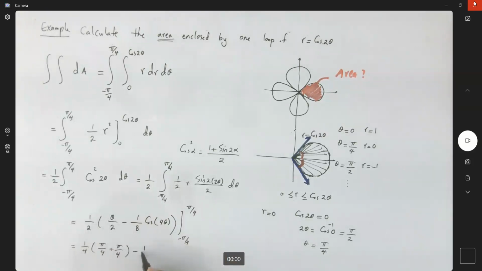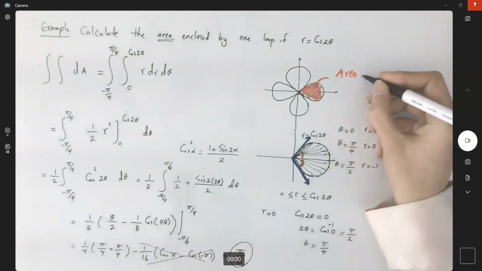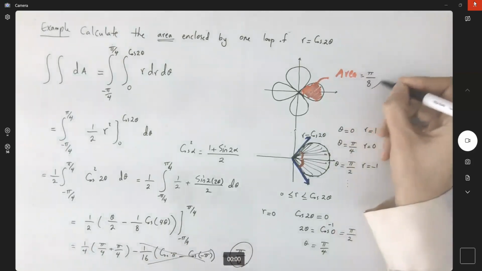The sine terms, at pi and negative pi, cancel out, and you're left with 1 over 4 times pi over 2, or pi over 8. So this area is equal to pi over 8.